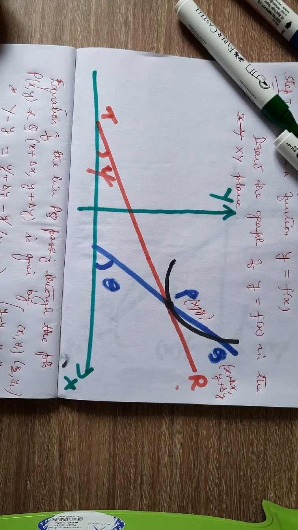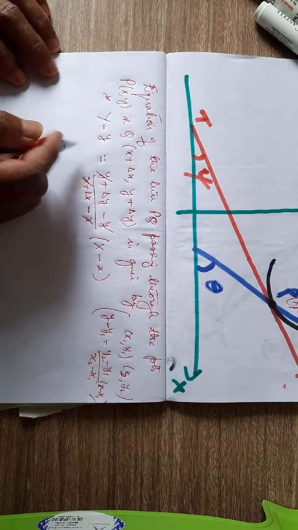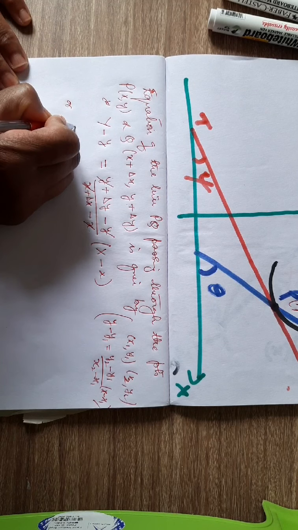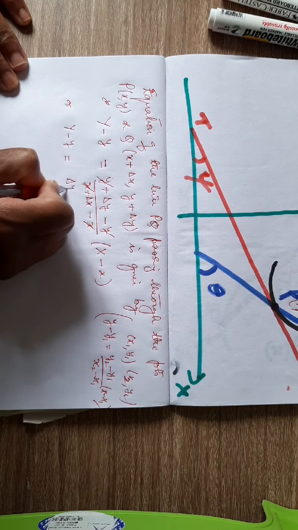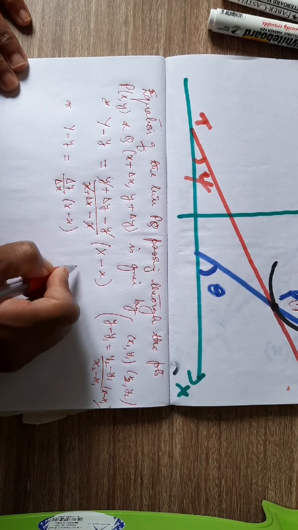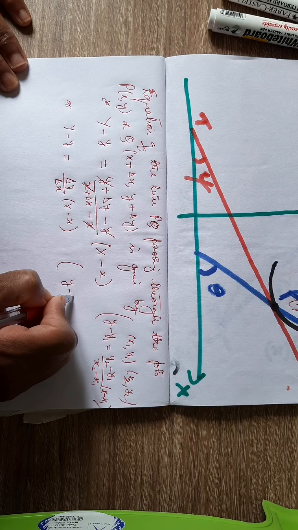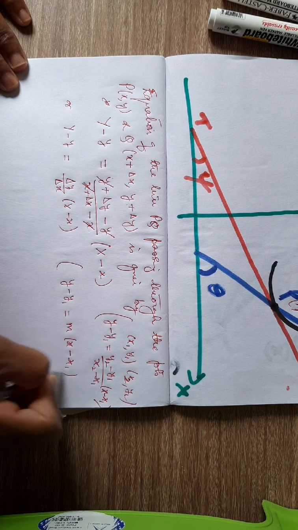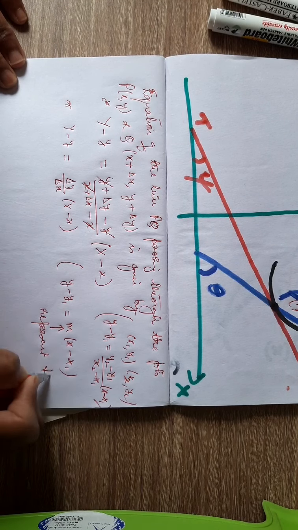Now, this y and minus y can be cancelled, and x and minus x also can be cancelled. Then it reduces to Y minus y is equal to delta y by delta x into X minus x, which is of the form y minus y1 is equal to m into x minus x1, where m represents the slope of the line.